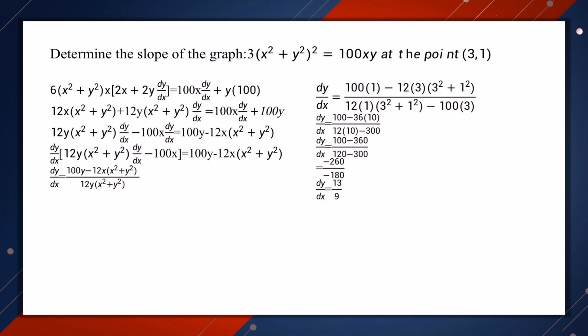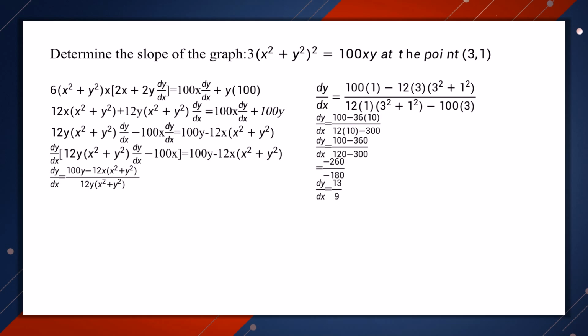Next, dy over dx equal to 100 times 1 minus 12 times 3 times 3 squared plus 1 squared over 12 times 1 times 3 squared plus 1 squared minus 100 times 3. Then dy over dx equal to 100 minus 36 times 10 over 12 times 10 minus 300.